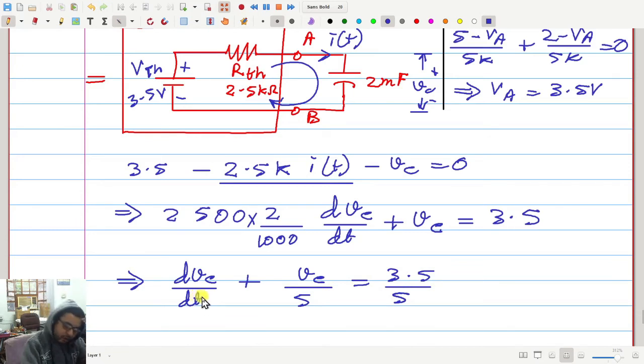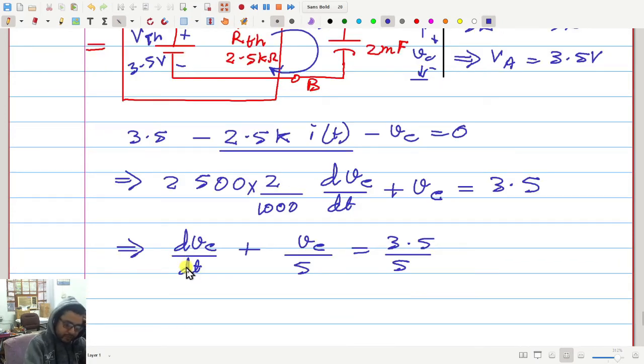We have already studied how to solve this kind of differential equation in our previous class.